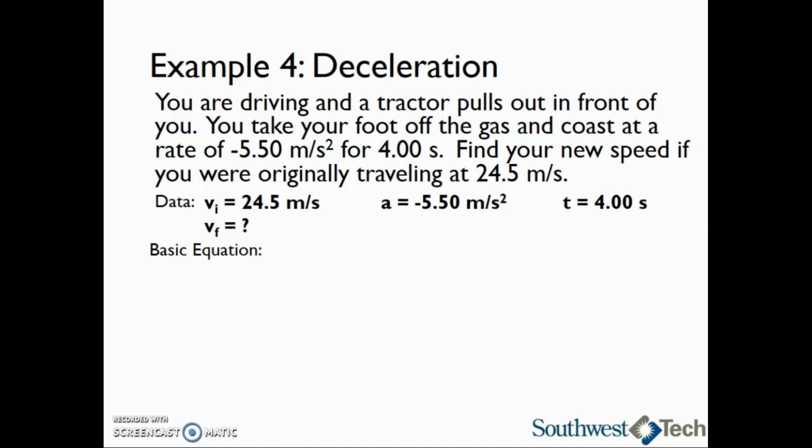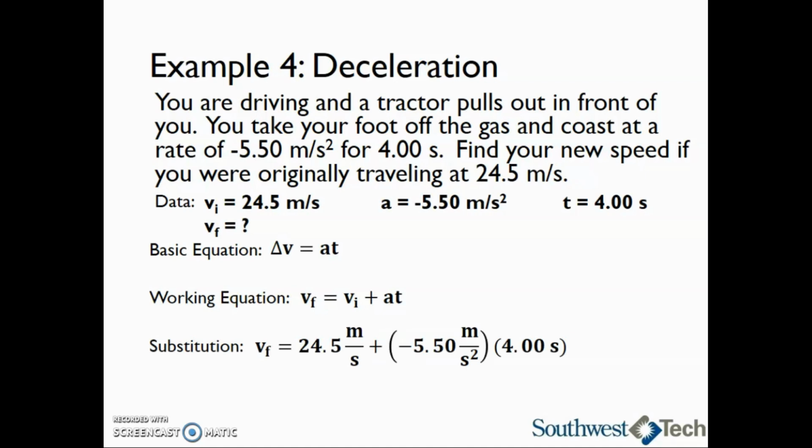The basic equation we will use is delta V equals A times T. In order to find the working equation, we need to solve the basic equation for V sub f, our final velocity. To do this, we will add the initial velocity to both sides, giving us V sub f equals V sub i plus A times T. Next, we will substitute in the information we know.